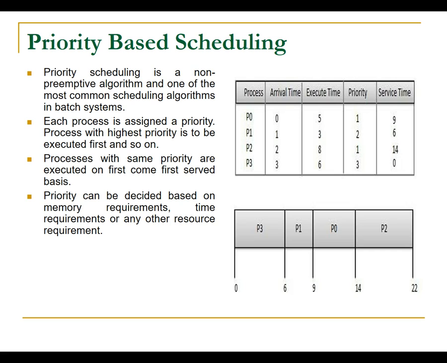Processes with the same priority are executed on a first come first serve basis. Priority can be decided based on memory requirement, time requirement, and other resource requirements. Obviously, all the microprocesses require very little resource allocation. If we combine all the microprocesses, it might be considered as one minor process also.